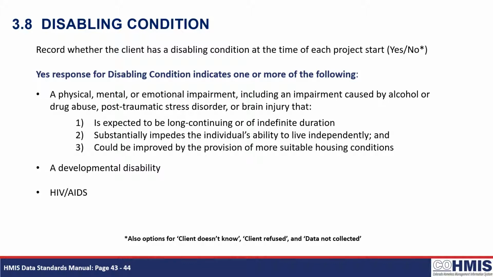And what HUD means by disabling condition indicates that the client has at least one or more of the following, including a physical, mental, or emotional impairment, including an impairment caused by alcohol or drug abuse, post-traumatic stress disorder, or brain injury that will be expected to be long continuing or indefinite in duration and substantially impede their ability to live independently and could be improved by the provision of more suitable housing conditions, or a developmental disability or HIV or AIDS.